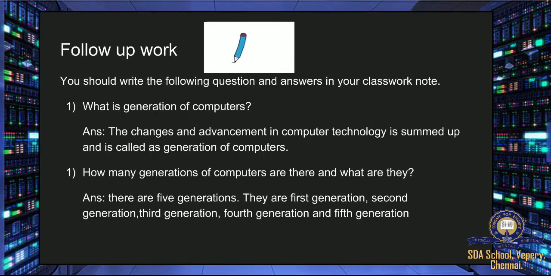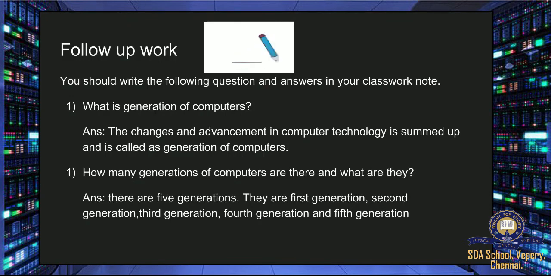The first question is, what is generation of computers? The answer: the changes and advancement in computer technology is summed up and is called as generation of computers. The second question, how many generations of computers are there and what are they?